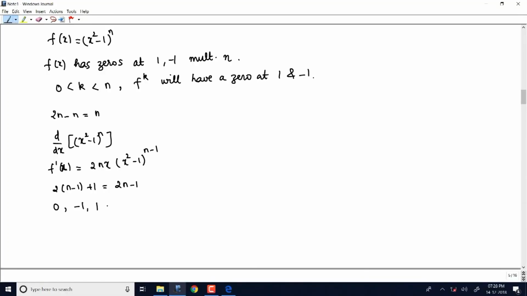You say that this is a polynomial of degree 2n − 1, so we expect that there should be 2n − 1 zeros, but you have only given 3: 0, −1 and 1. Yes, sir. We can see that ±1 are two zeros of f'(x) of multiplicity n − 1, and 0 is also a simple root.